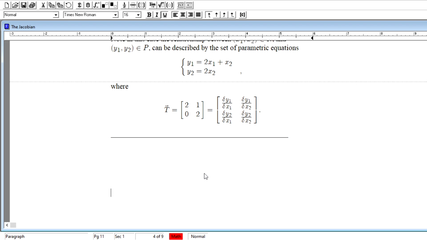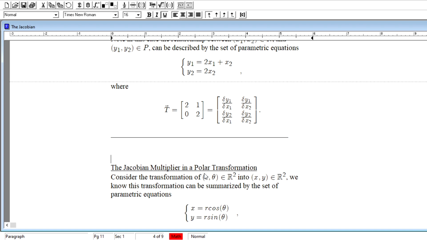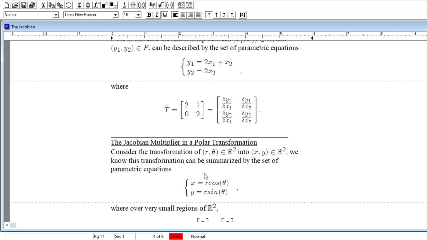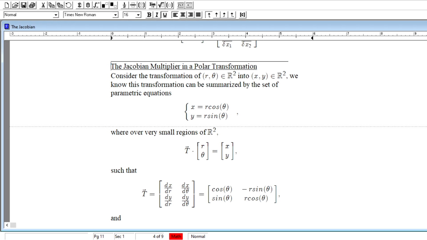Now we go Jacobian with it all. So let's now consider the Jacobian multiplier in a polar transformation. In a polar transformation, we consider the transformation of r comma theta, which describes location in two-dimensional space, into x comma y, which describes location also in two-dimensional space.